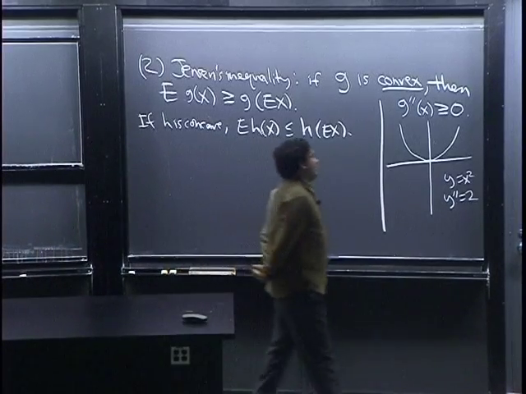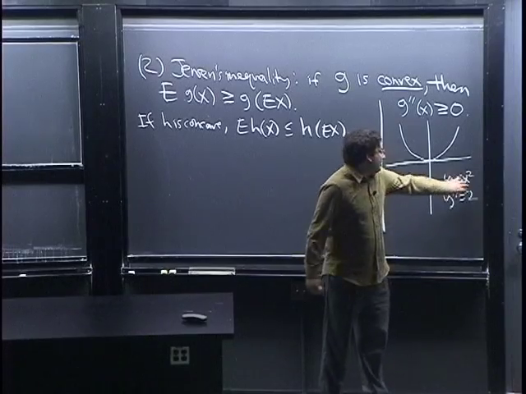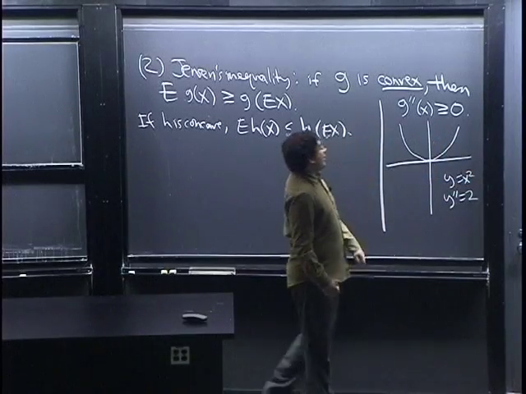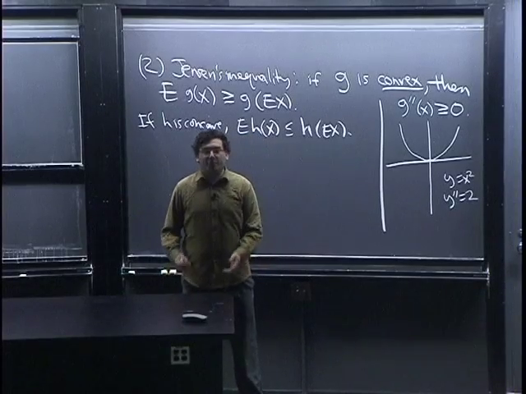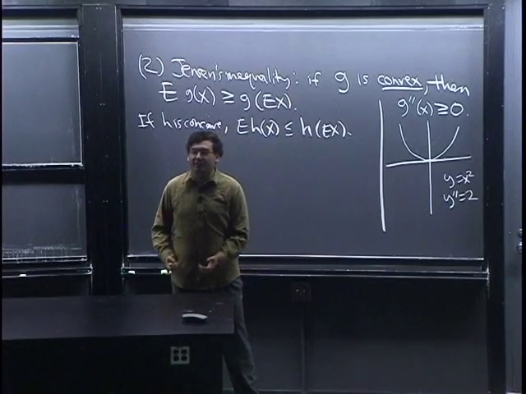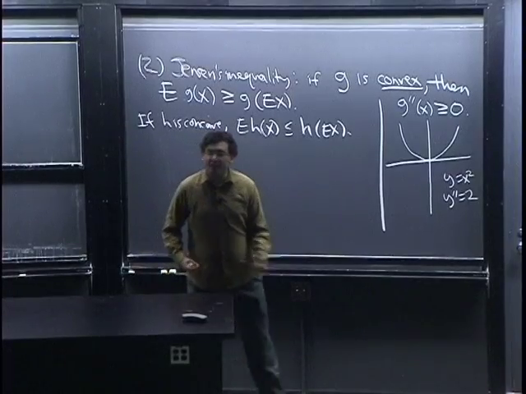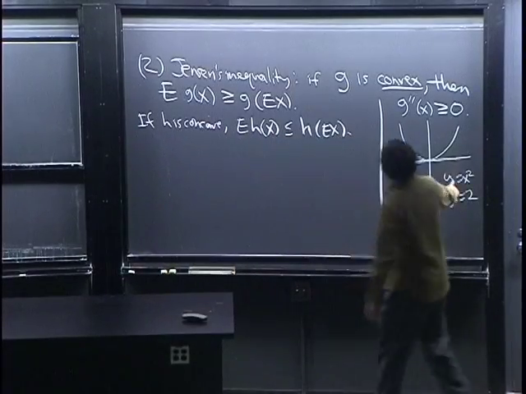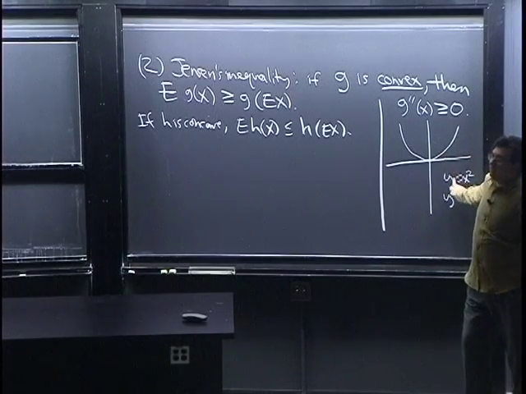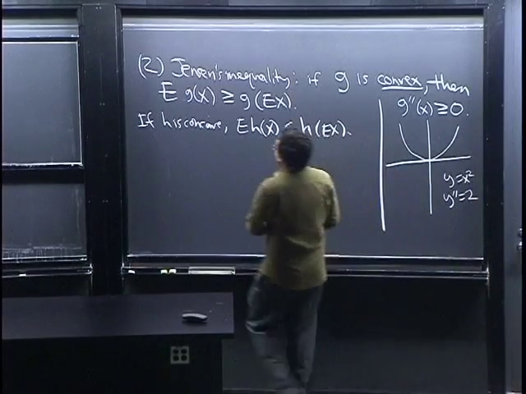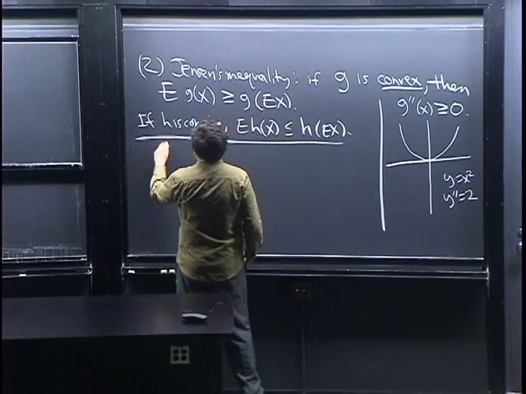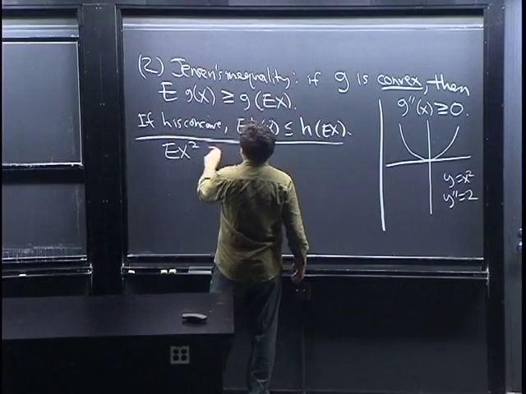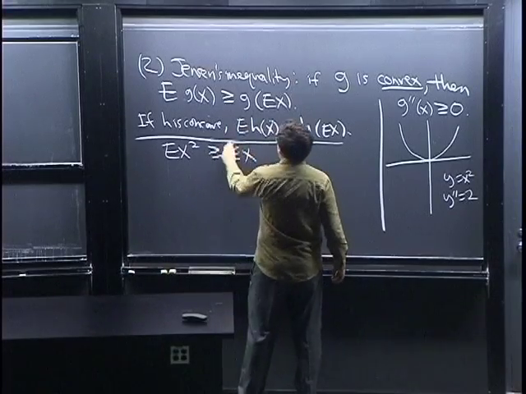So the way I remember it is just remember that this is convex. You just have to remember one simple example of a function that's convex, and then go back to this picture. And this one is an especially good example to think about, because we already knew that E of X squared is greater than or equal to (E of X) squared, not the other way.